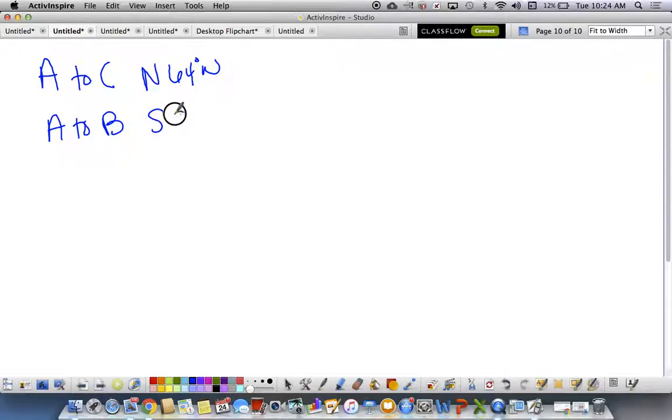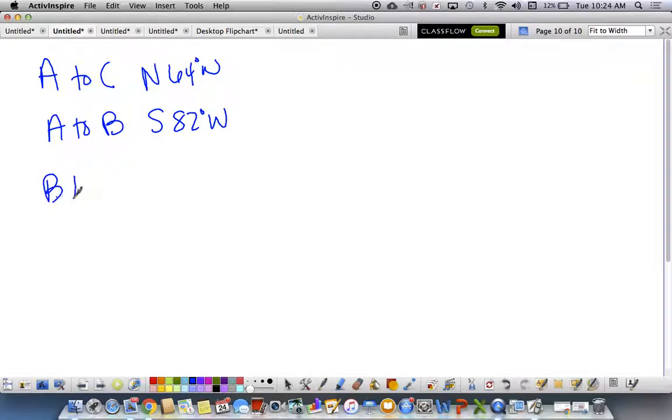The bearing from A to C is north 64 degrees west. The bearing from A to B is south 82 degrees west. I'm going to try not to mess up. The last time I did this one for the other class, I messed it up. I wrote letters wrong.